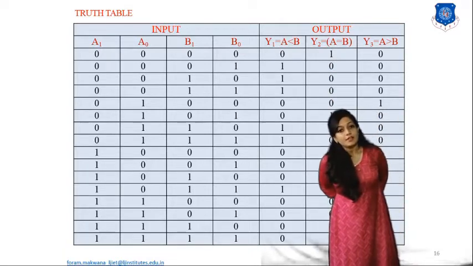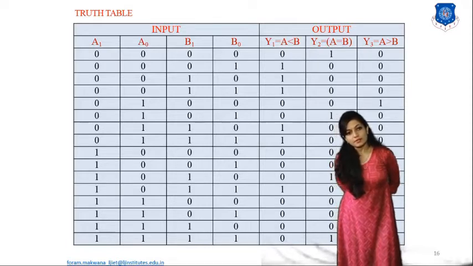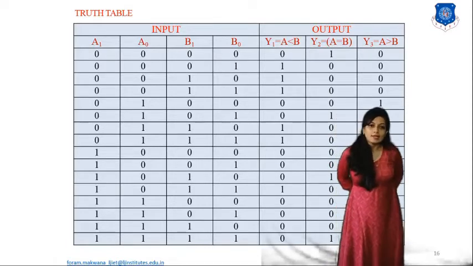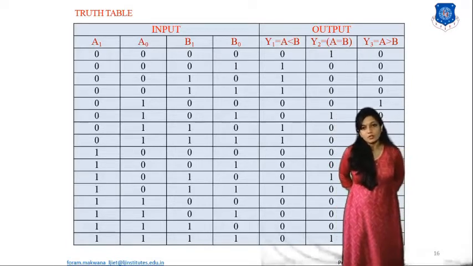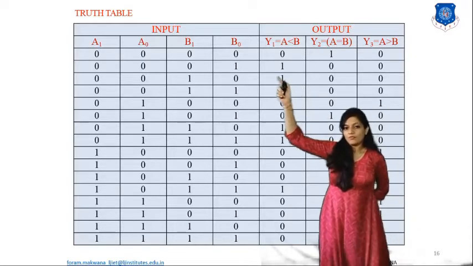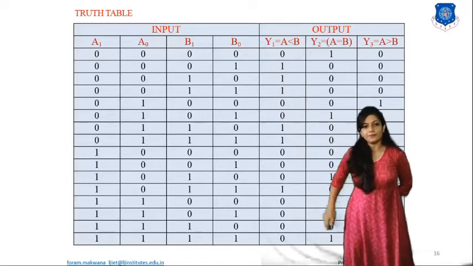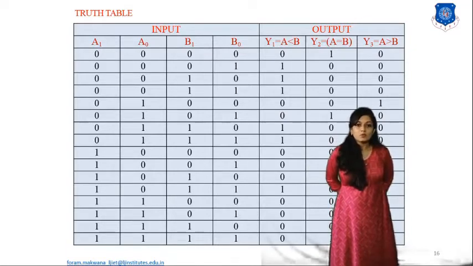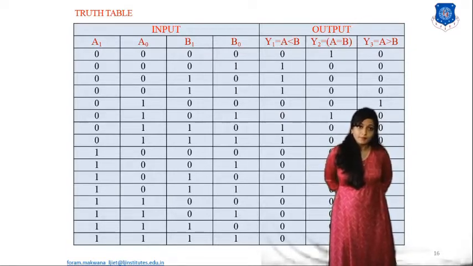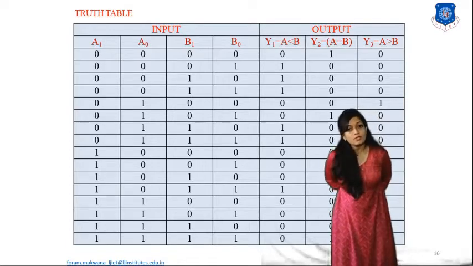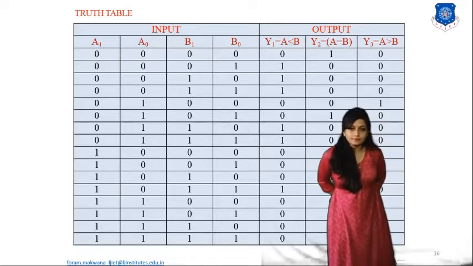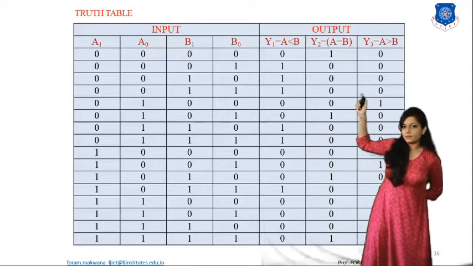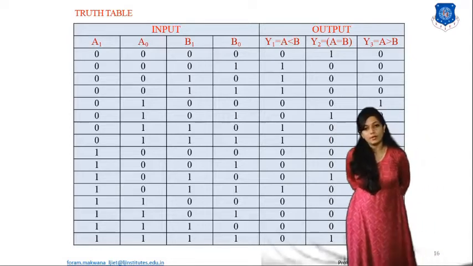Now, if A1 is equal to B1, but A0 is less than B0, then this output y1 becomes 1. And if A1 is equal to B1 and A0 is greater than B0, then y3 becomes 1.